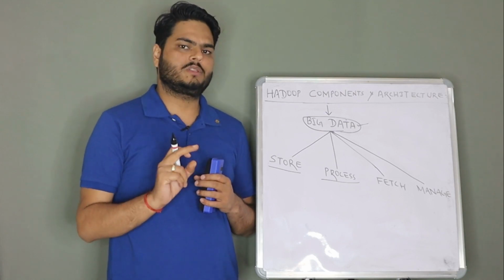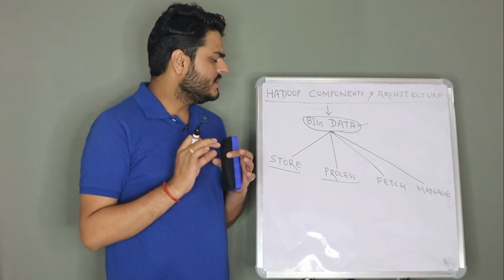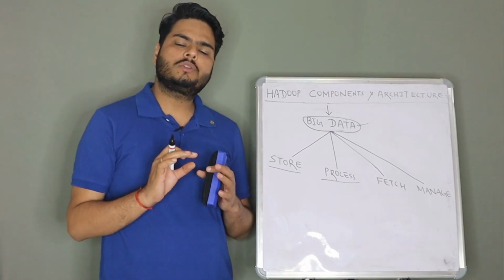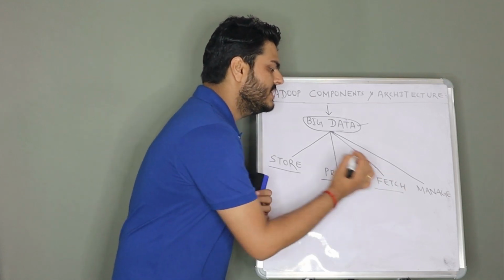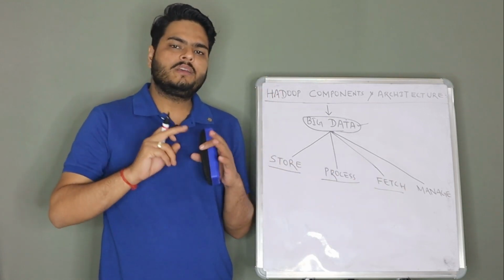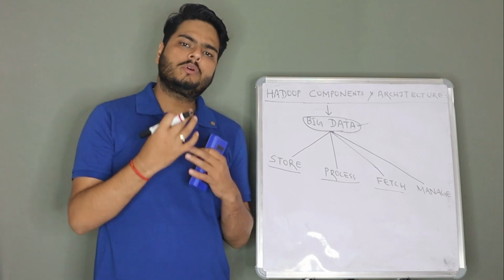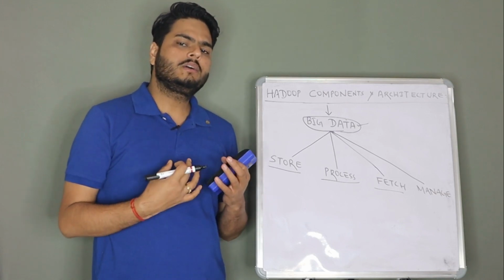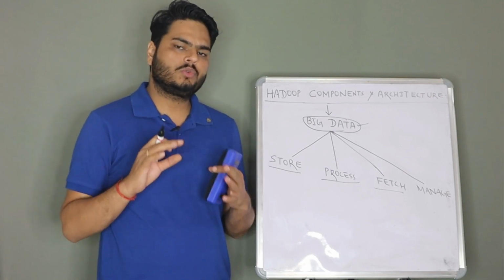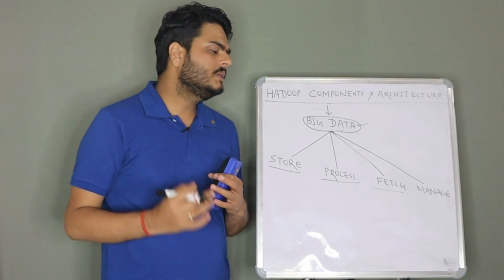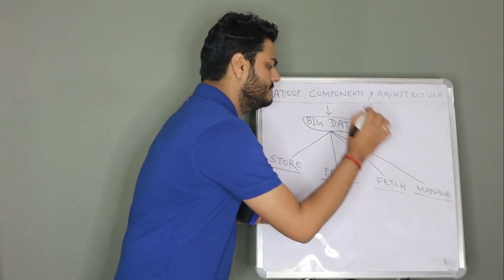Third, once you process and store the data, you also need to be able to fetch the data. That is the fetching part. And next, you need to manage the data. Manage means tomorrow some new data comes and you want to add it, there is some old data you want to delete, many modifications you want to do. That is called managing the data.